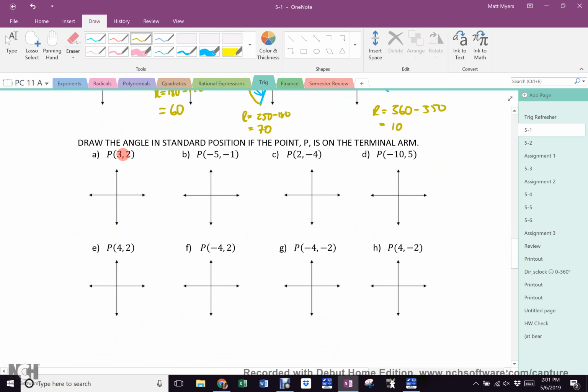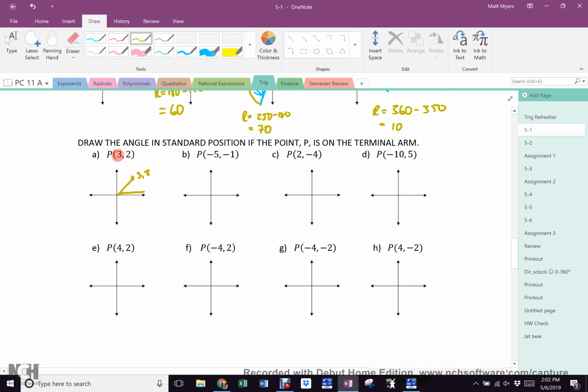What quadrant? First quadrant. Out 3, up 2, yes? That makes an angle. What is the maximum value that angle could have had? Maximum value would have been 90, right?